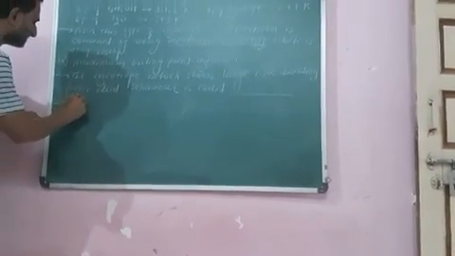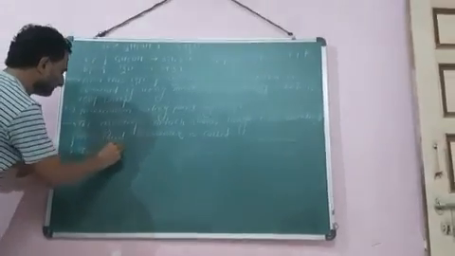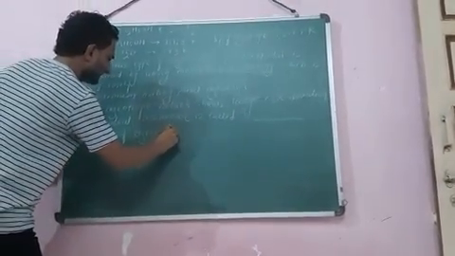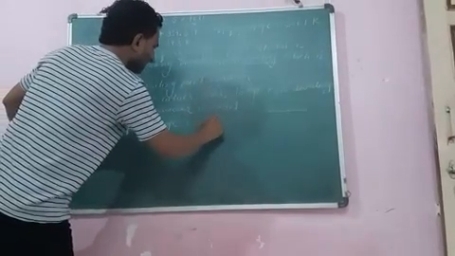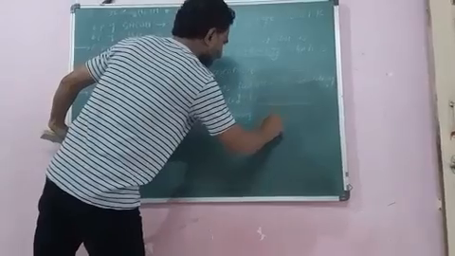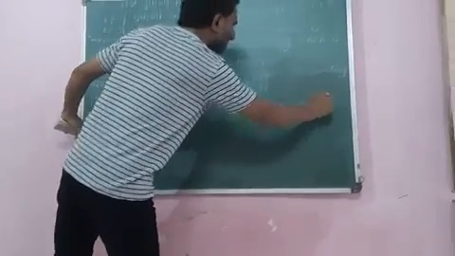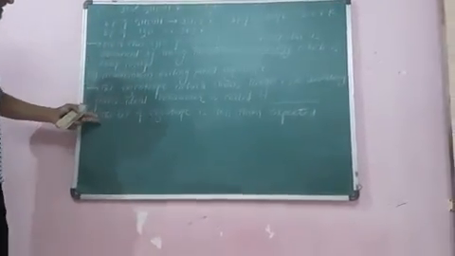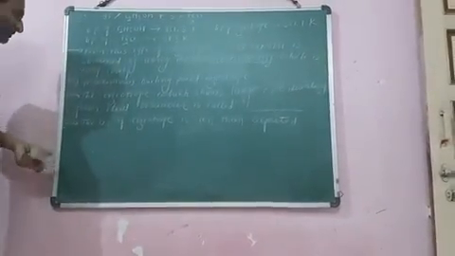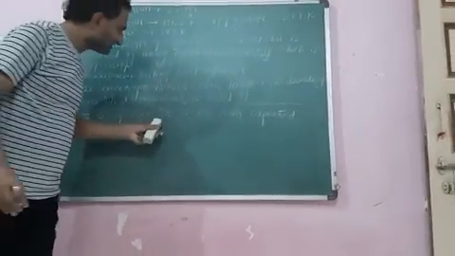It means the vapor pressure of the azeotrope is less than expected. See, if you have a clear concept of ideal and non-ideal solutions, then it will be very easy for you. The vapor pressure of this azeotrope is less than expected.